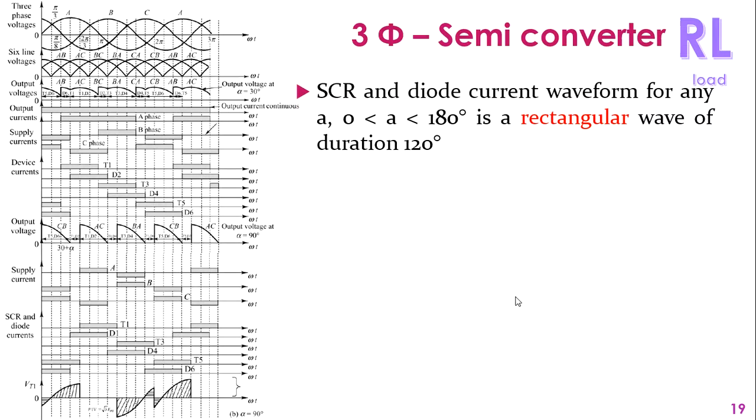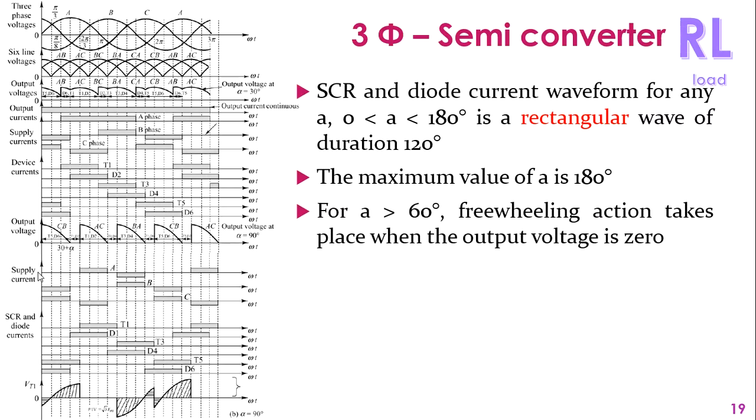The SCR and diode current waveforms, if you observe in this diagram, then for any value ranging from 0 to 180 degree, it is a rectangular wave of a duration 120 degree. So the maximum value of α is 180 degree, and for α greater than 60 degree, the freewheeling action takes place when the output voltage is 0.